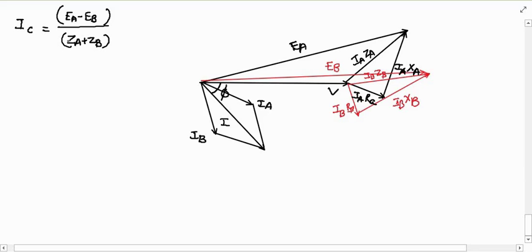Because my voltages are not equal, there will be a phase difference of EA and EB, and hence some circulating current will flow through the secondary side.